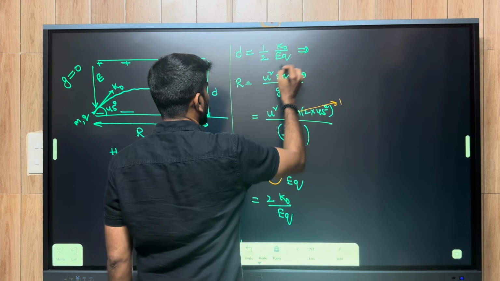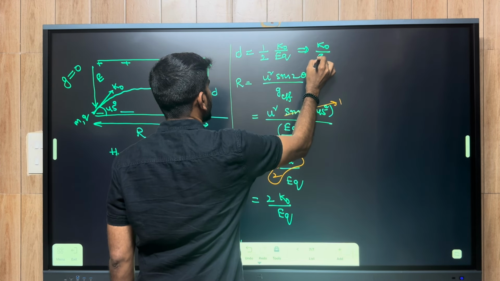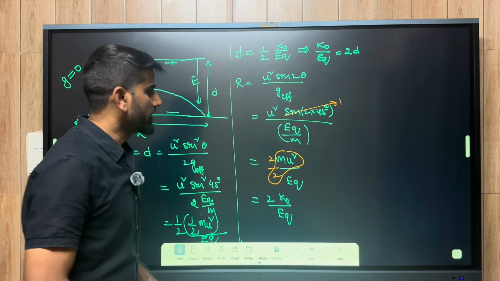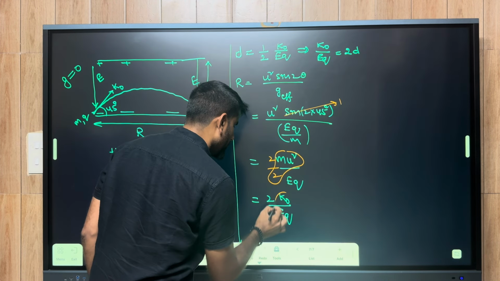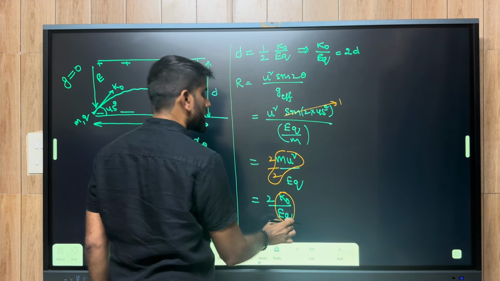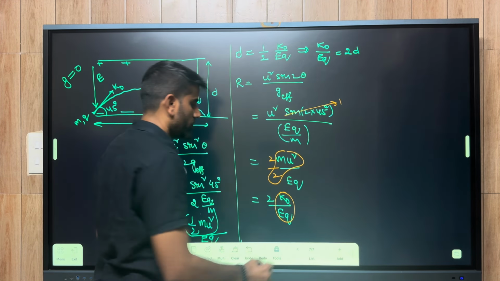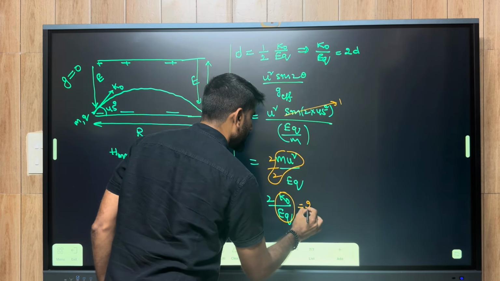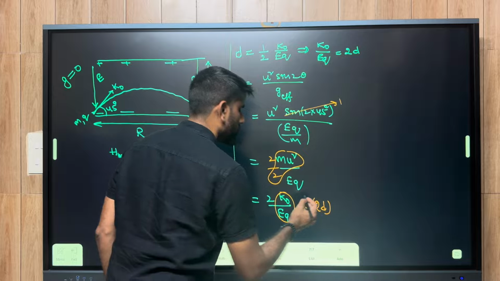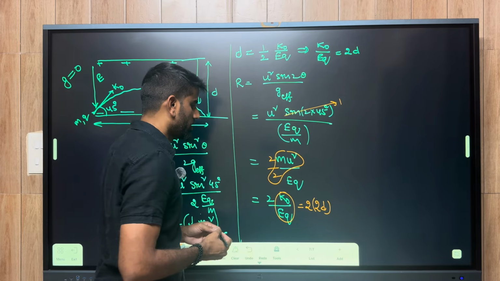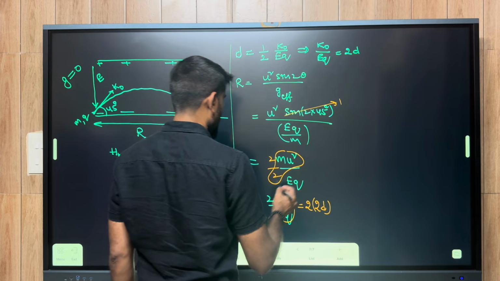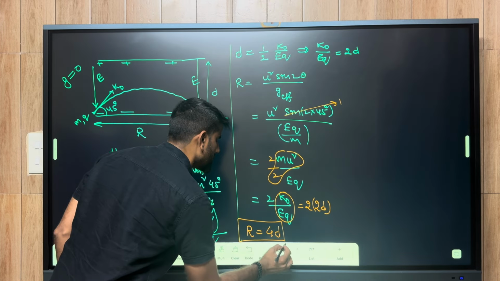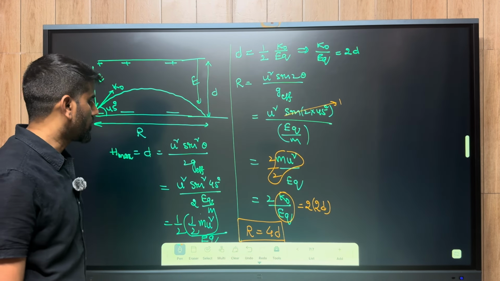Now from this equation, I can write K naught by EQ is equal to 2 times D, right? This K naught by EQ can be replaced with 2D, yes or no? So 2 into 2D. Now what is the answer? The answer comes out to be range is equal to 4D.